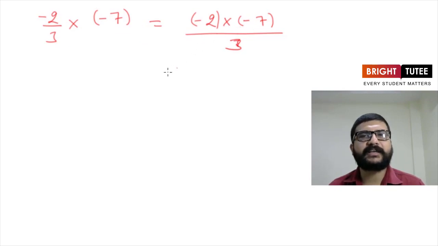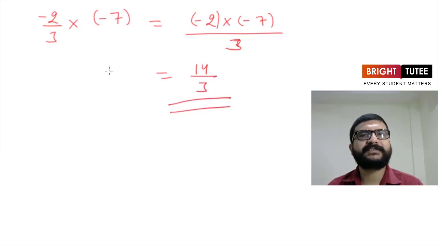So here also we did the same thing. Now minus 2 into minus 7, this will be minus into minus means plus, and 2 into 7 means 14. So this is 14 upon 3. So this is how we can multiply a rational number with any integer. Now the thing is how to multiply a rational number with a rational number. Let's see that.